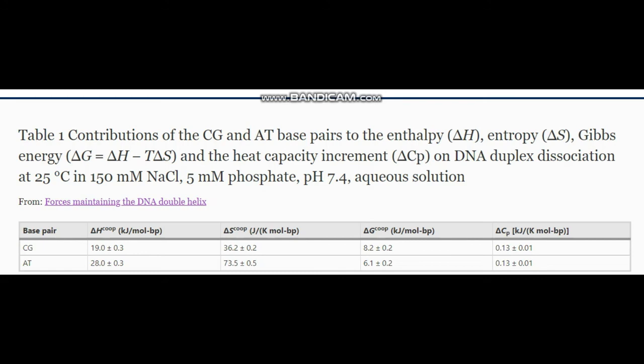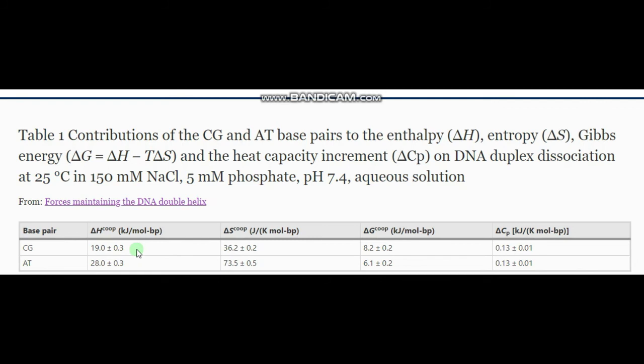And there's actually some interesting evidence for that here, which is that if you compare GC with AT base pairs, remember when you break a GC base pair you're breaking 3 hydrogen bonds. When you break an AT base pair you're only breaking 2. So if the hydrogen bonding enthalpy were a significant factor, you would expect to have a more positive delta H for the GC base pair, and you don't.